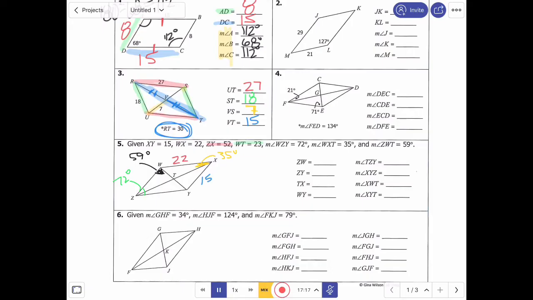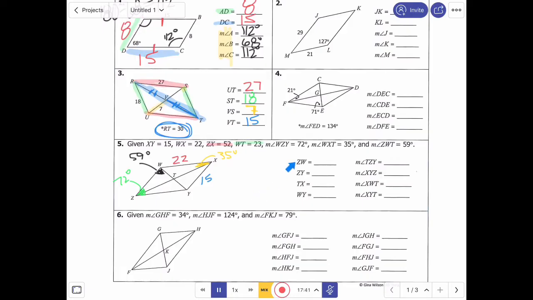So I think I have everything labeled. This is both of those angles. This is going to be slightly difficult because you guys can't see everything I'm pointing to. I'm going to try my best to point and write at the same time.